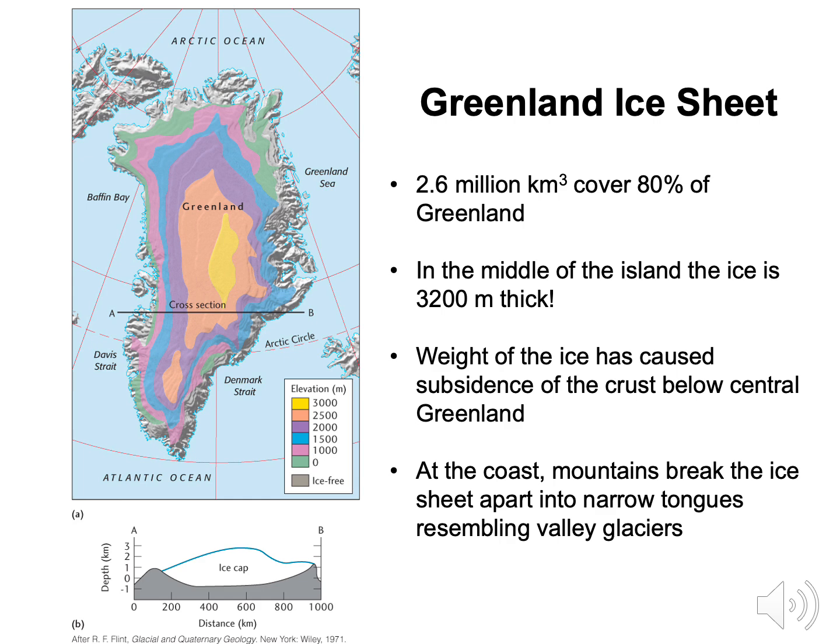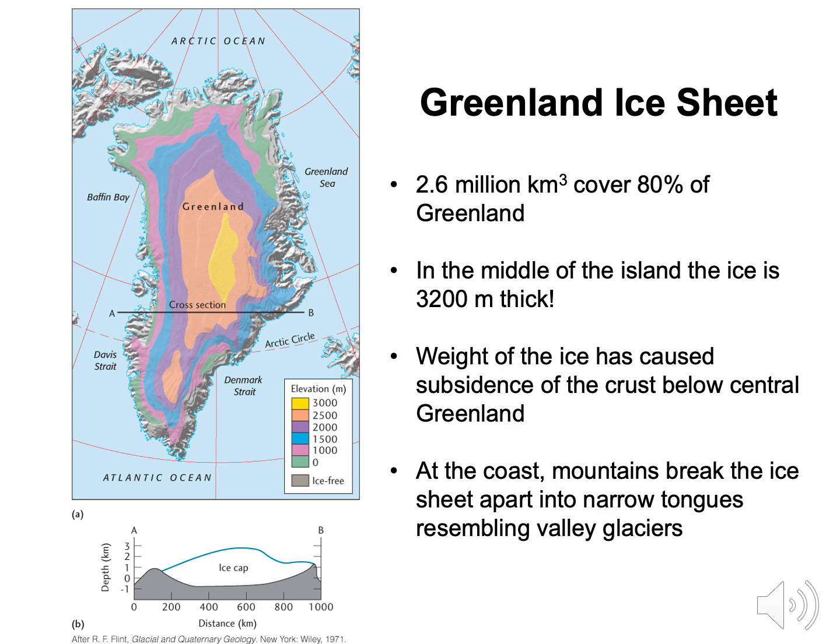And the reason this happens is because of the weight of the ice. By adding ice over the land surface, the ice is going to provide overriding pressure, which is going to cause the lithosphere below to subside or to sink. So you can see that there is subsidence of the crust below central Greenland due to the presence of this ice sheet.